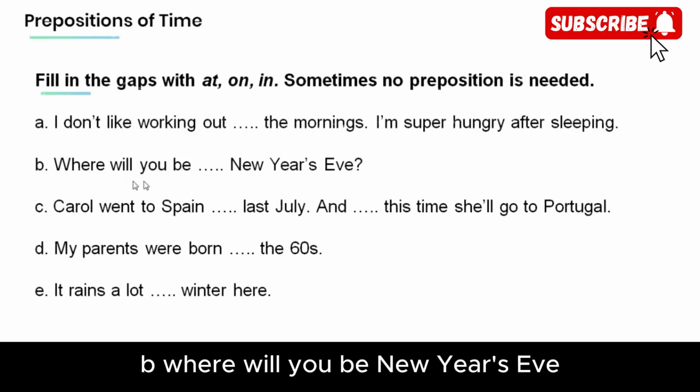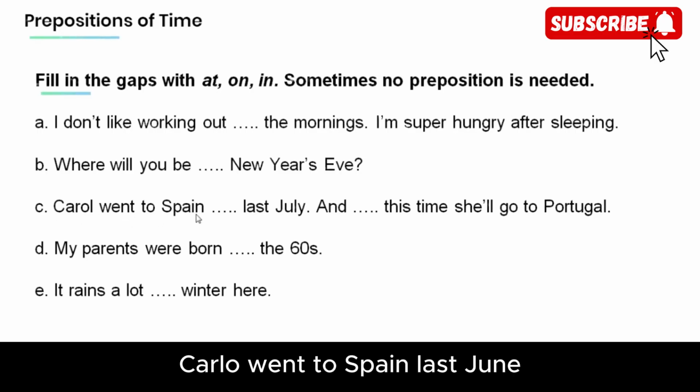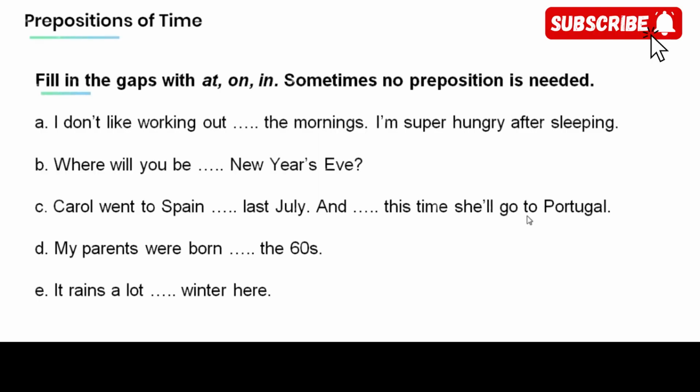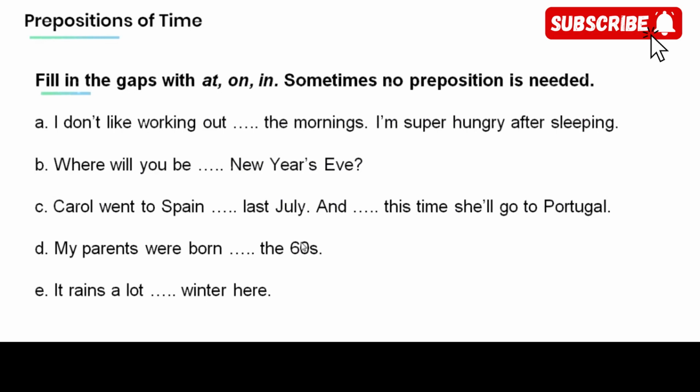B. Where will you be New Year's Eve? C. Carlo went to Spain last June, and this time she'll go to Portugal. D. My parents were born the 60s.